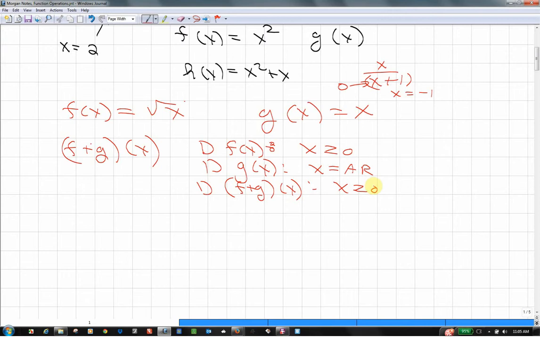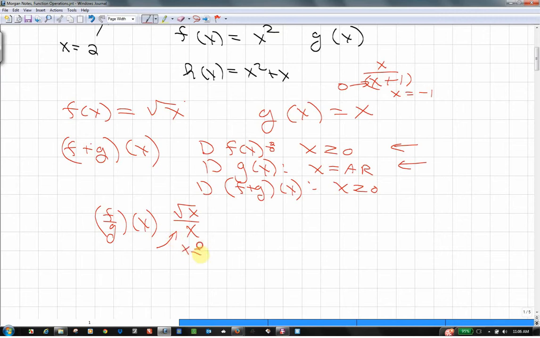Okay, let's think about if we would have the function f all over g, so f divided by g of x. f has the same domain, right? There's f. There's the domain of g. But now we have the added situation where if I would put those together, I would have the square root of x all over g, which is x. And notice that when they are in their division form like this, x can't be equal to 0 either, because I can't put a 0 in there.